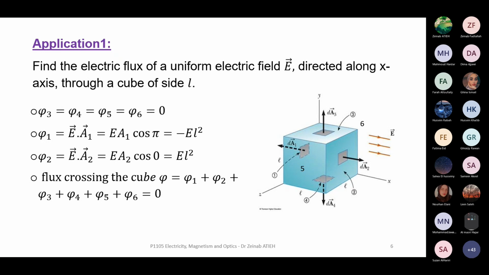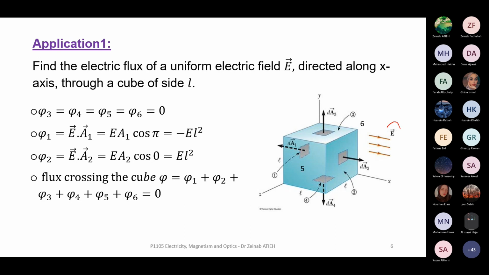Now, we have to find the electric flux of a uniform electric field, directed along the x-axis, crossing this cube. We are going to find the electric flux phi. Because the cube is formed of 6 different sides, I have to calculate the flux crossing each side alone.